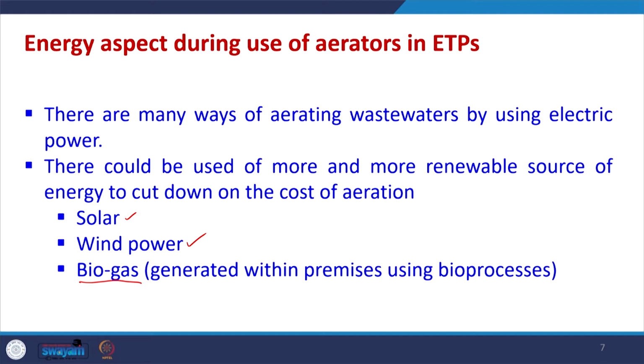So, the main thing is how to use renewable sources of energy to cut down on the cost of aeration, and this is a very practical problem with all the major as well as small scale industries. If we can meet this aspect, this problem can be solved.